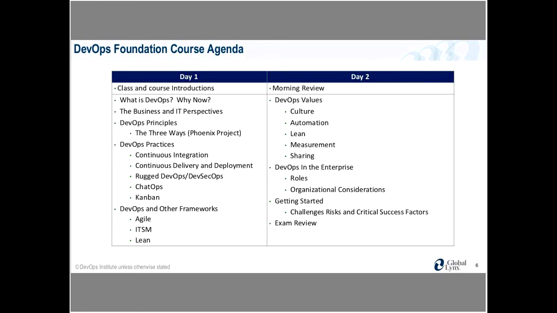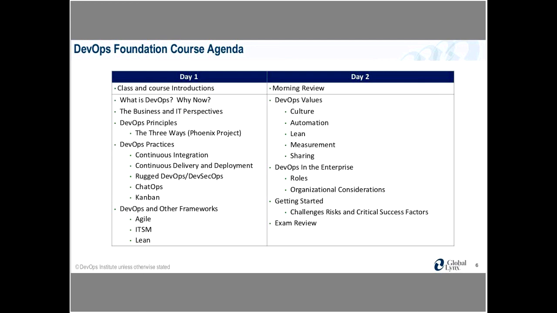This agenda was originally written for a two 8-hour day class schedule, but we're just going to break up each of the days into two segments. So today we're going to talk about what is DevOps and why DevOps is important now. Some of you have mentioned that you've been hearing about it or learning some about it, and we're going to solidify that in your mind, why DevOps is important.